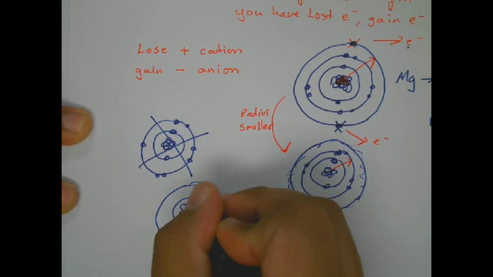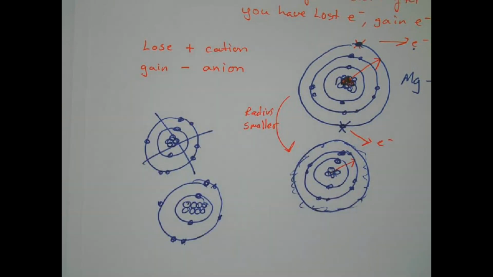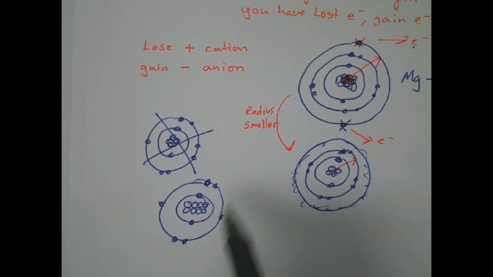He has 2 here, that means he has 6 left. 1, 2, 3, 4, 5, 6. So this goes back to when we were talking about is it easier to gain or lose? In this case, he needs to get 8 in here, so it's actually easier for him to gain 2 more than to try to lose 6, right?